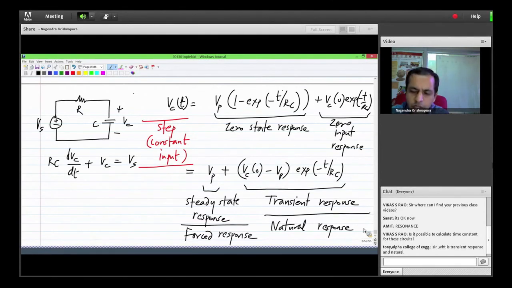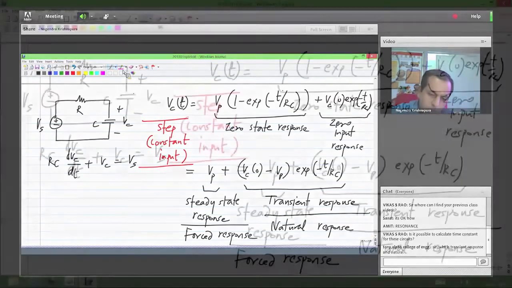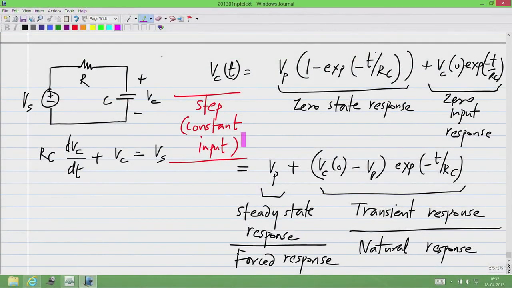There is a question asking what is the transient response and natural response. The transient response and natural response are the same thing. They are just two different names for the same thing. Now, if you look at the total response, there will be a part in the first order case containing exponential of minus t by RC.